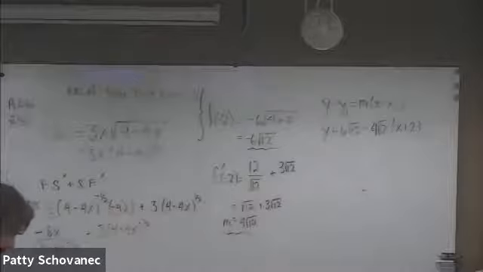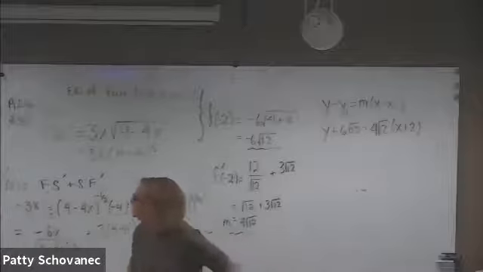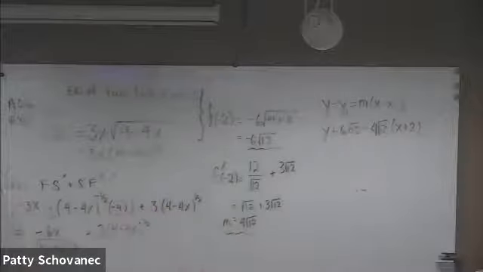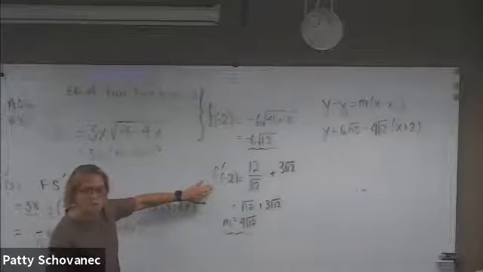Okay. Number 10. All right, anything else in the boardroom here? When you plugged in -2, did you plug it into the original equation, obviously, to get y, and then to get the slope, did you plug in x into the derivative? Yep.